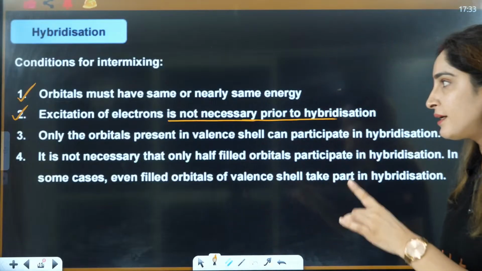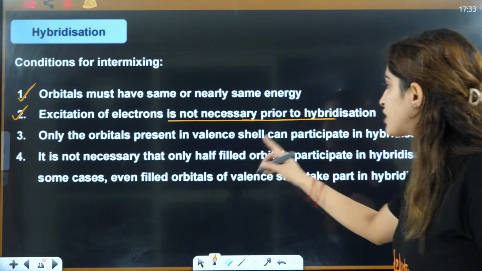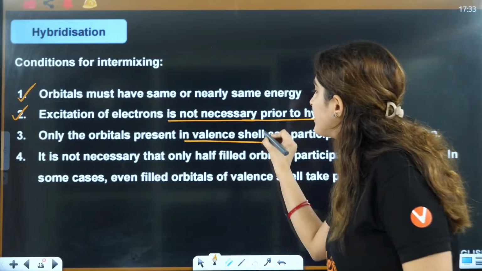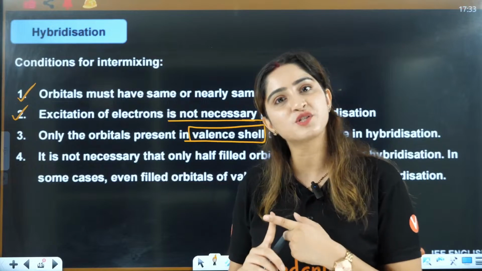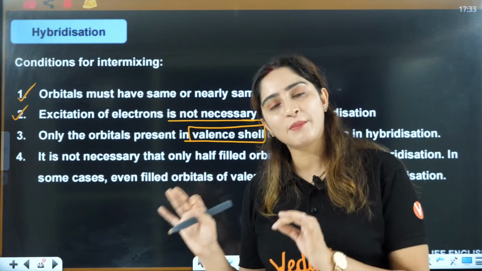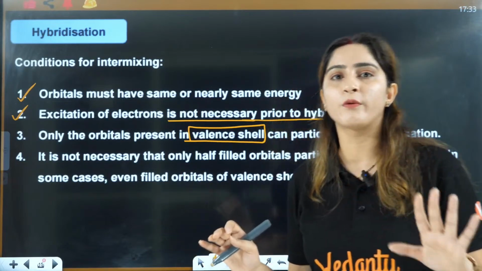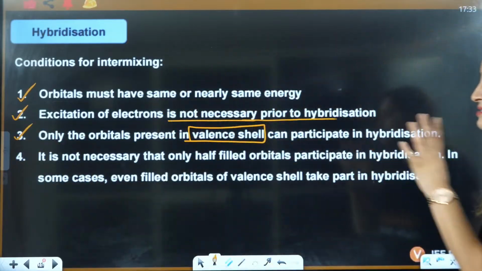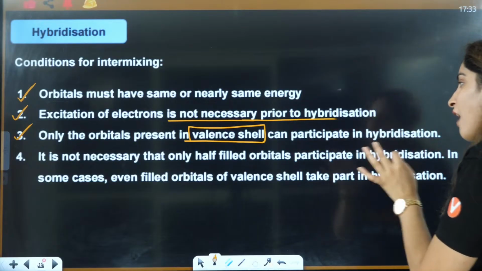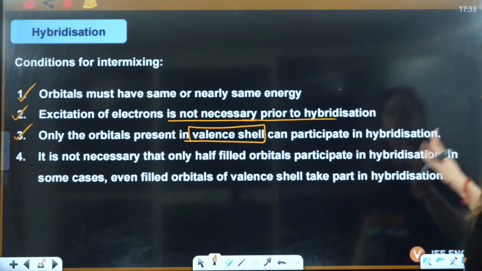Only the orbitals present in the valence shell can participate. Just like in overlapping, only valence shell orbitals were participating. Same in hybridization, only valence shell orbitals will participate. It is not necessary that only half-filled orbitals participate in hybridization.